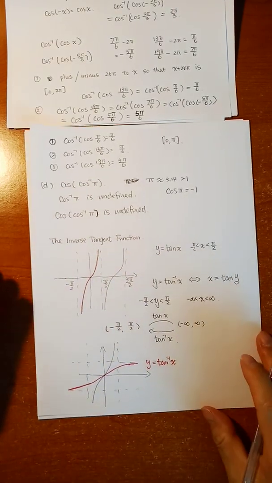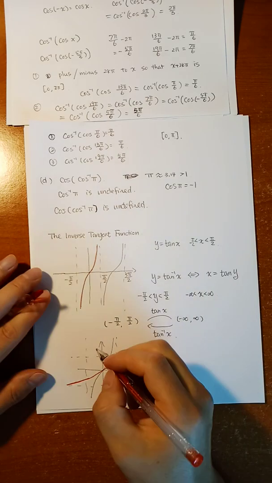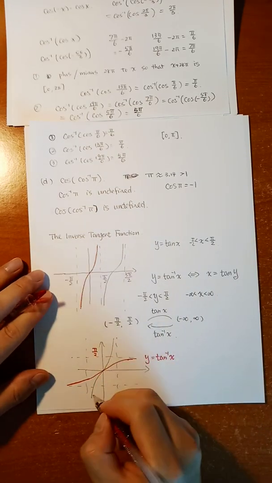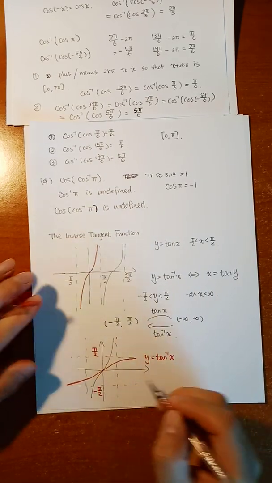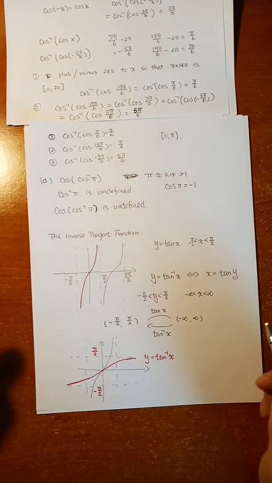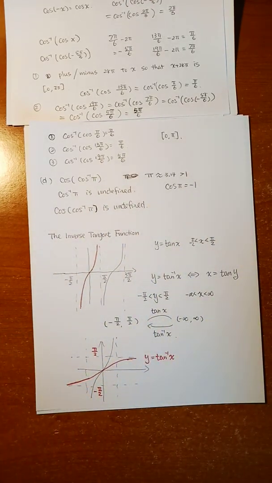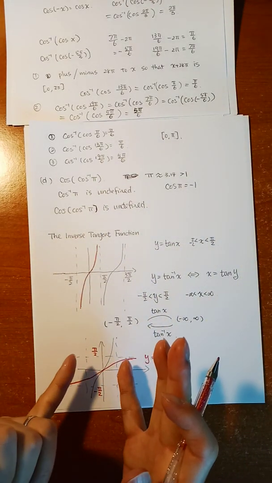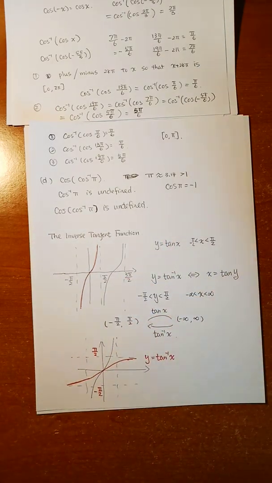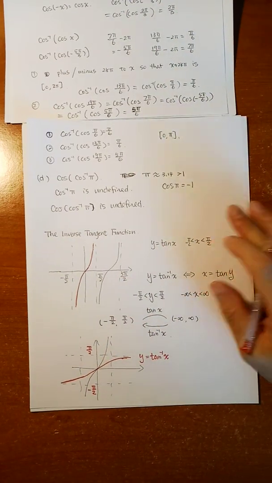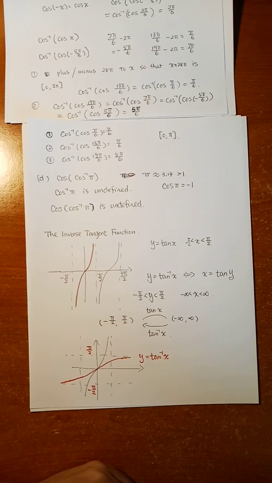This becomes the tangent inverse function. The graph has two horizontal asymptotes. Naturally this graph has two, because you flip the vertical asymptotes to horizontal. Okay, so this is a tangent inverse.